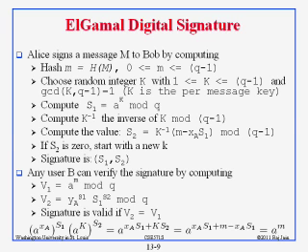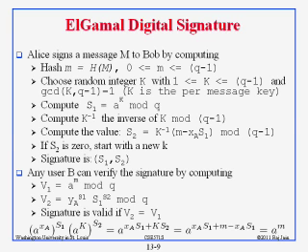So why does V1 equal to V2 mean the signature is valid? Because V2 is this complicated expression, YA raised to S1. If you write YA as A raised to XA, it is A raised to XA, raised to S1, and then times S1 raised to S2. S1 is A raised to k, raised to S2. Both of these are powers of A, so this is A raised to XA times S1 plus k times S2.